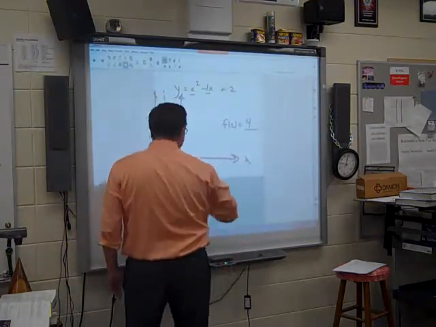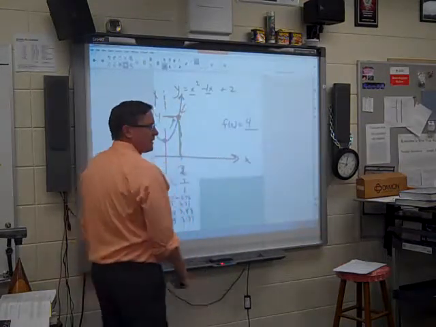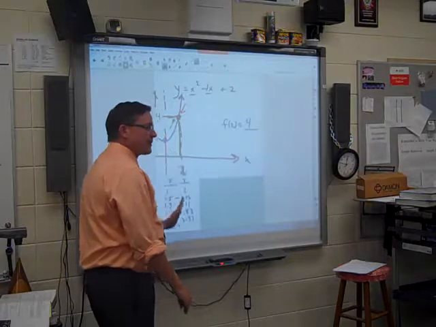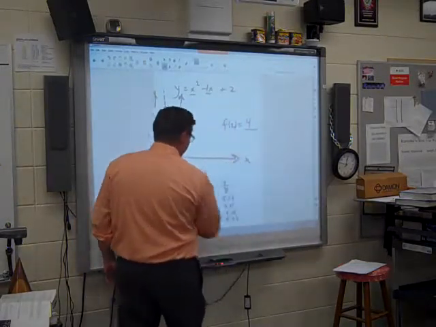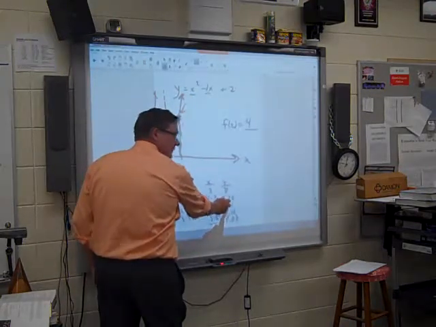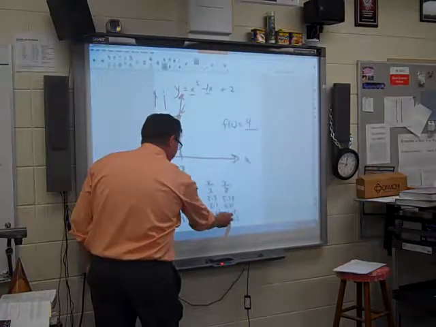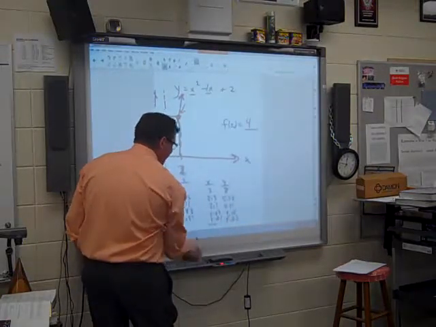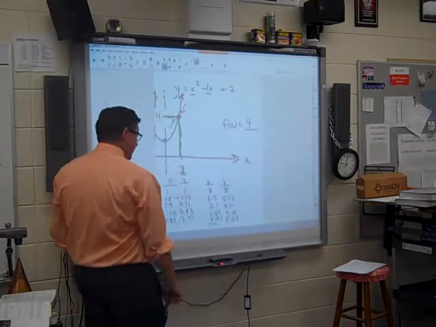If I come from the right-hand side, traveling this way, we'd expect the values to slowly get smaller, right? So if I look at a table of those, at 3 it's 8, at 2.5, 5.75, at 2.1, 4.31, at 2.05 it's 4.15 or 4.16, at 2.01 it's 4.03.